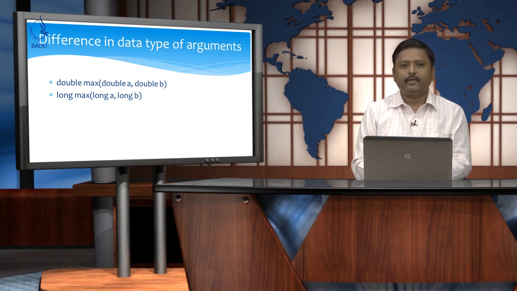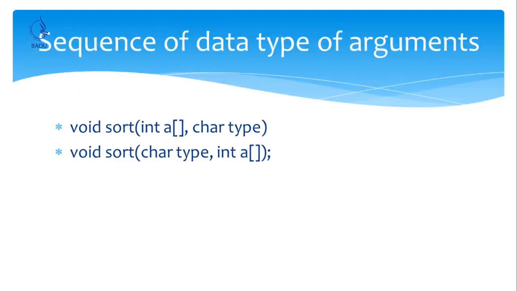Now, we discuss the third case, where the sequence of data types is different. As I mentioned earlier, there is a sort method which sorts an array of integers provided as an argument, and the second argument specifies whether we want to sort the array in ascending or descending order.